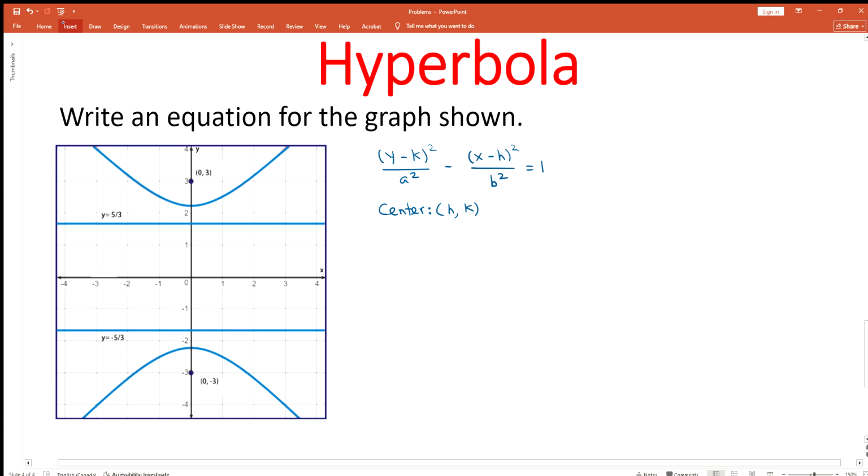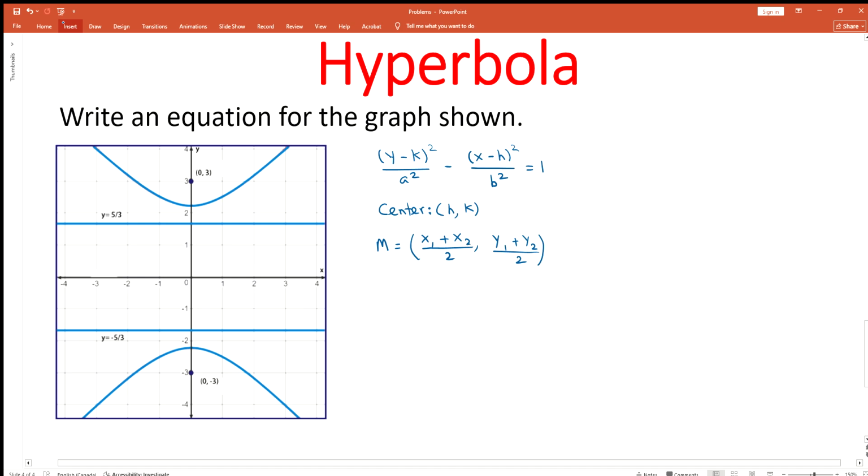The center of this hyperbola is the midpoint of the line segment that joins the foci points. We can use the midpoint formula to find the center. The midpoint formula is m equals (x1 plus x2) over 2 and (y1 plus y2) over 2.